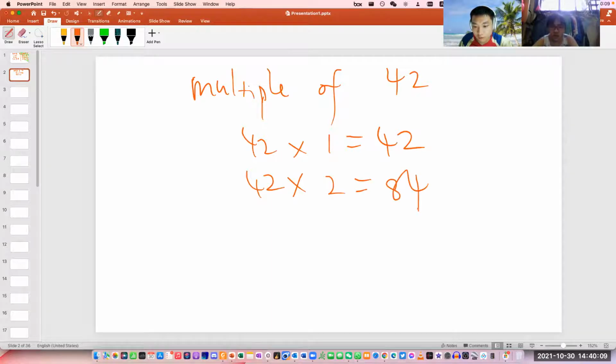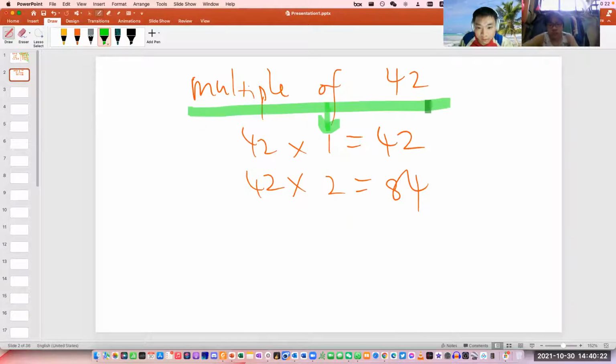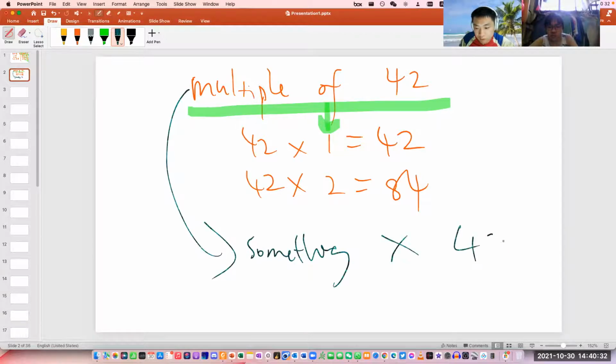Then you get 84, right? So that's called you step up. That's called multiple of 42. Multiple of 42 means something times 42. So the smallest something is 1, right? Yeah. Then you step up to 2. Then what is the next one?